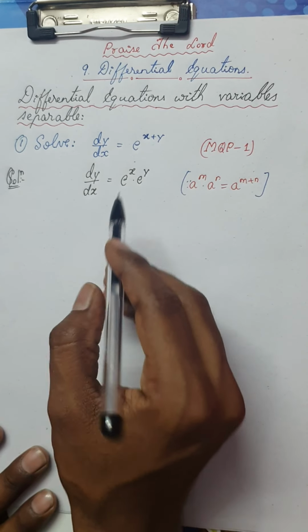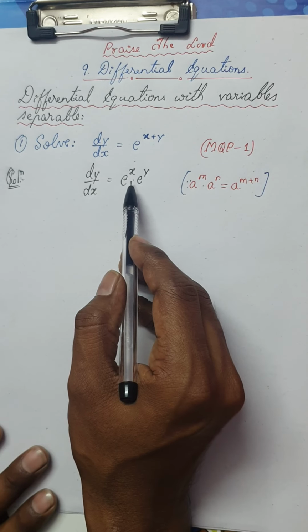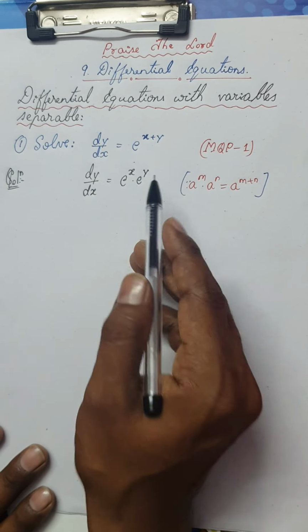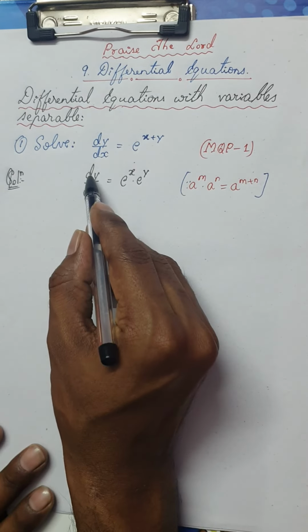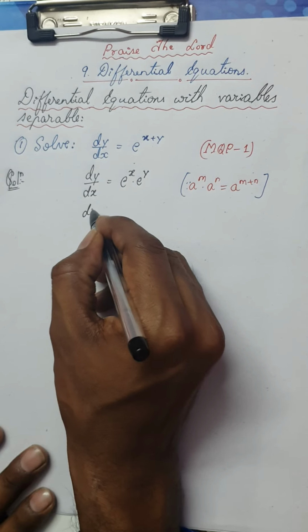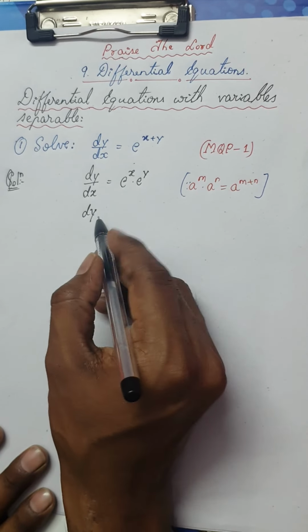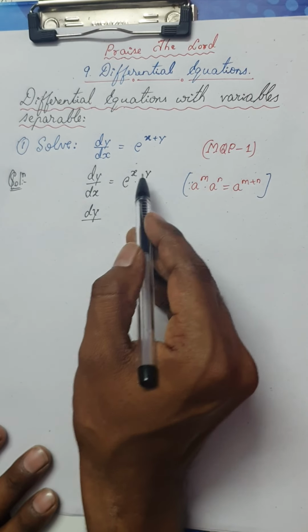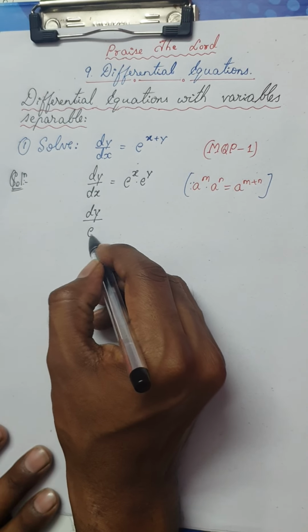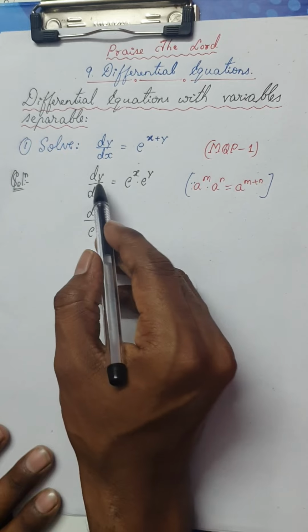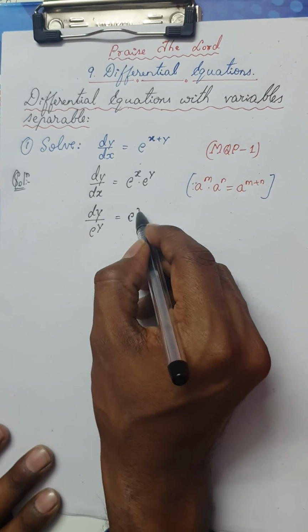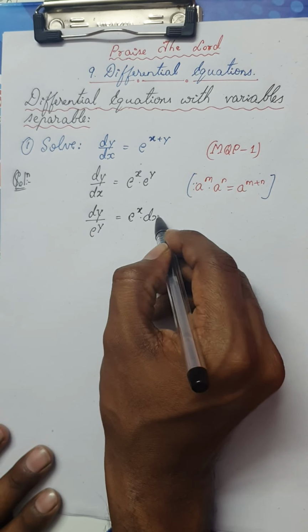Now remember, if you have to integrate the terms, you have to have dx or dy in the numerator. Okay, so now dy is already here. See how I'm going to make my arrangement. This is called variable separable. Here on the left hand side I have dy, along with that bring all the y terms to one side. So dy divided by e power y is equal to e power x into dx.